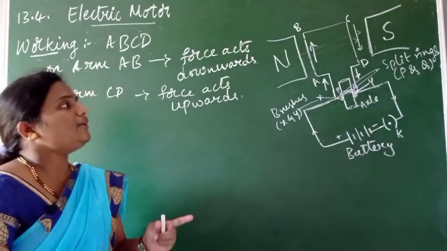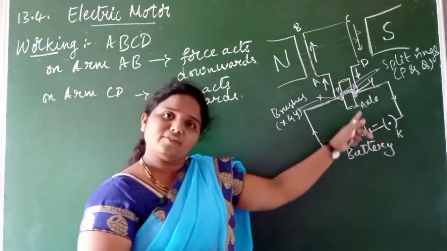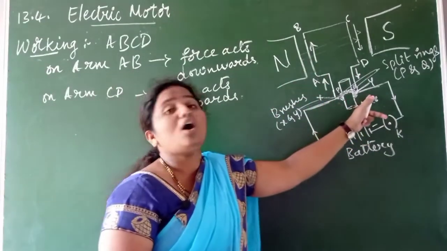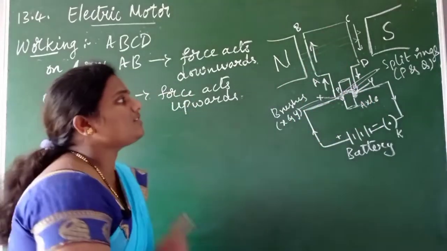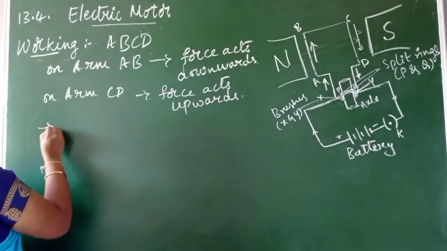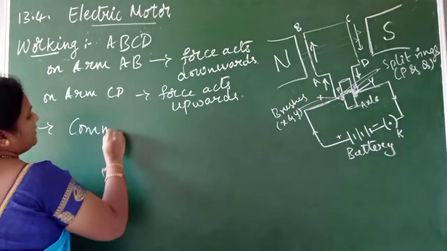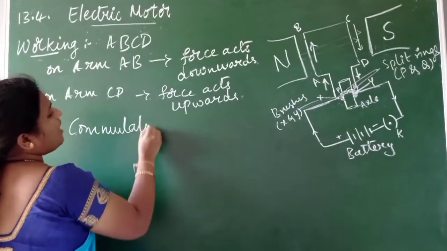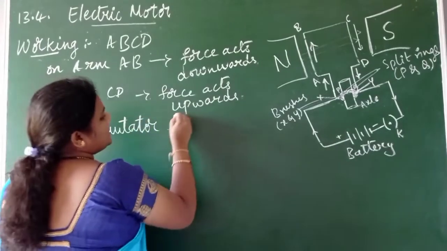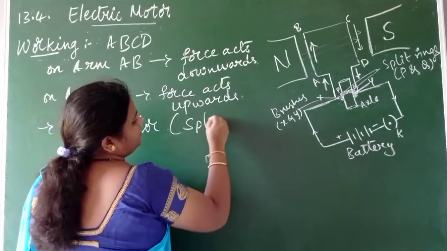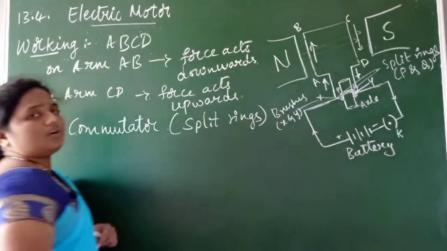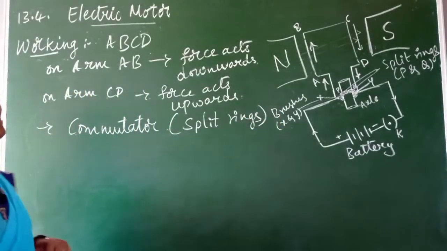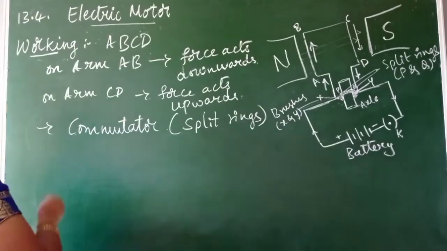So in order to get one complete full rotation, we have to reverse the direction of the current. Because of that reason, a commutator, that is split rings. Here in an electric motor, split rings act like a commutator. Then what is this commutator?